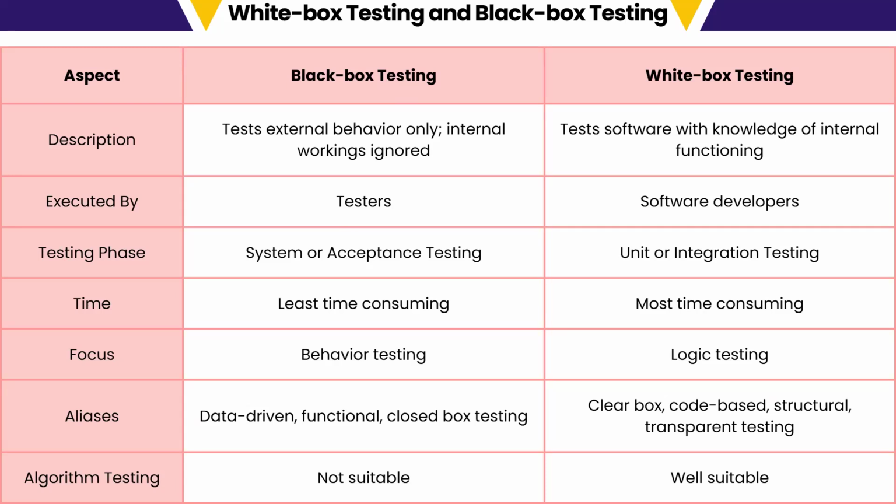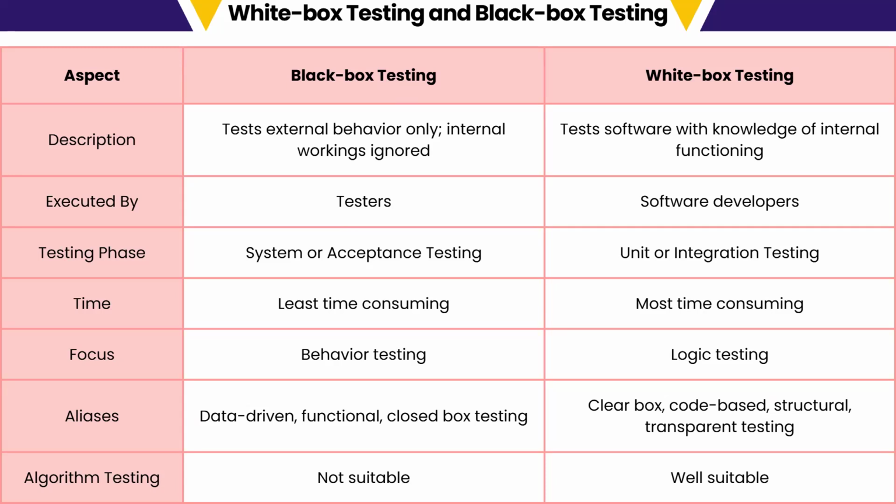Let me state this again. For white box testing, they ensure that their program controls the data well. But for black box testing, they make sure that the program is giving the right data as the output.